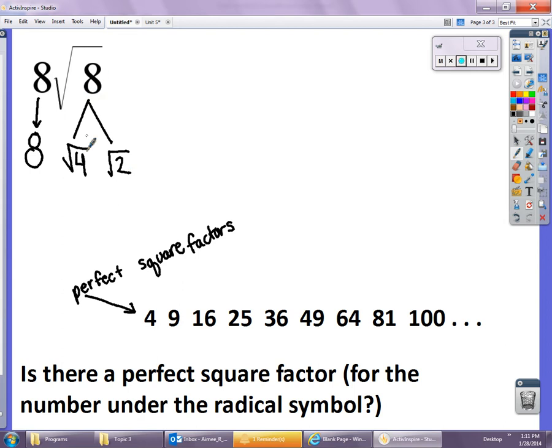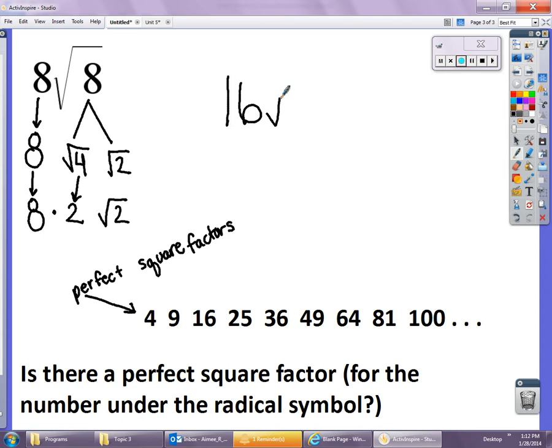Now the reason why I have to do that is so that I can actually pull out the perfect square, which in this case is going to be a 2. So I'm going to again bring my 8 down, and I'm multiplying these things together, remember, and I'm also going to have my root 2. So I have 8 times 2 times root 2. And 8 times 2 is 16.